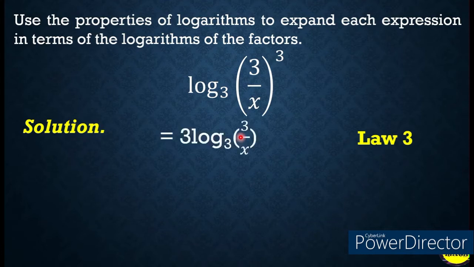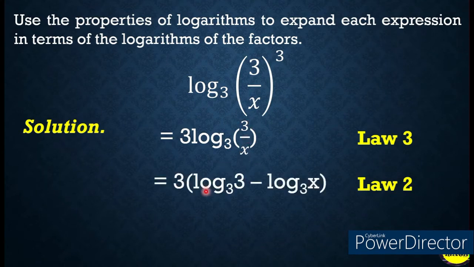So, that is 3 log 3 over x with base 3. And after that, using law number 2, since this is a quotient, we need to subtract. Lalagyan nyo na lang ng parenthesis para mahiwalay natin. That is 3 times logarithm of 3, ito yung numerator natin, with base 3 minus logarithm of x with base 3.